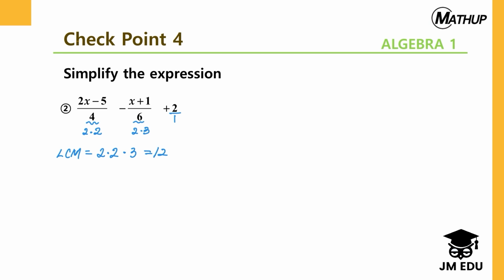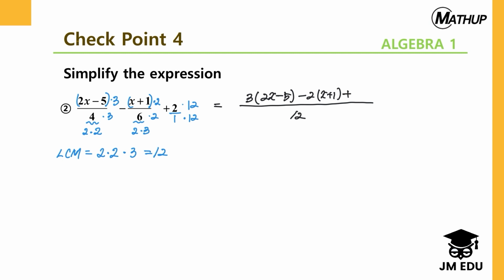So what we're going to do is find the common denominator 12 by multiplying 3 here, then all of this expression by 3 again. 6 times 2 here, all of this expression multiplied by 2, right? For 2 over 1, we're going to multiply by 12 times 12. So that is equal to, common denominator is now 12, 3 times (2x minus 5) minus 2 times (x plus 1) plus 2 times 12.